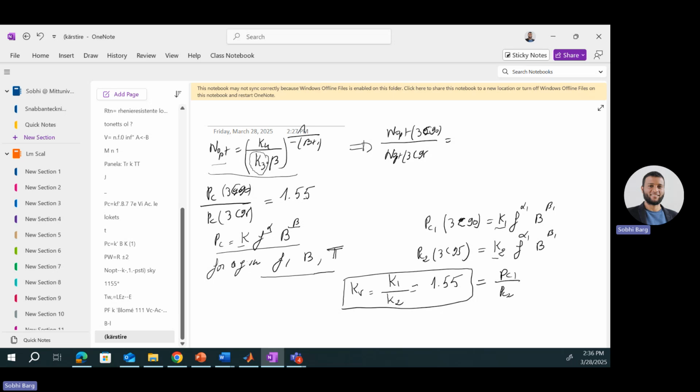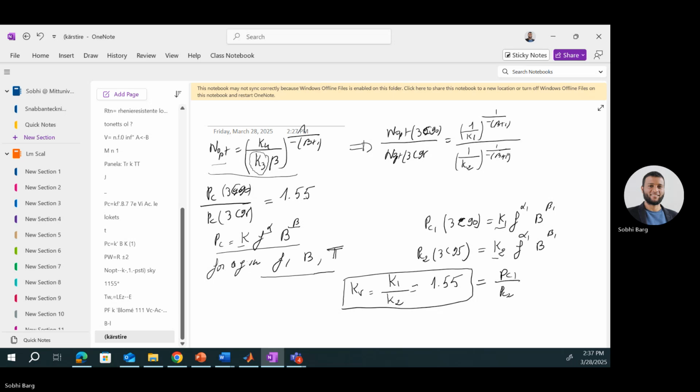So at the end, N opt for 3C90 will be 1 over K1 to the power of 1 divided by minus beta plus 1, divided by 1 over K2 for N opt for 3C95 to the power of 1 over minus beta plus 1.